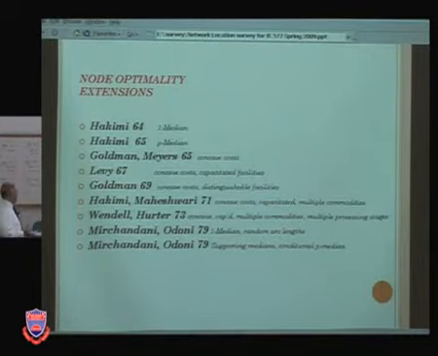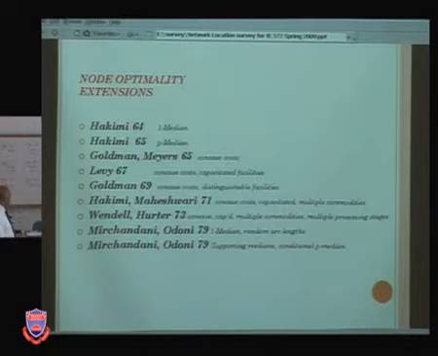Whereas if you have capacities or other distinguishing features, that's the generalization in Goldman's paper. Hakimi and Maheshwari gave a generalization for concave costs, capacitated facilities, with multiple commodities being served from the facilities to the demand points.